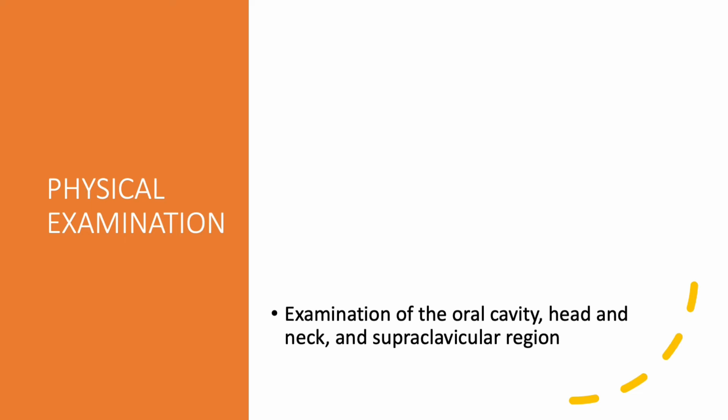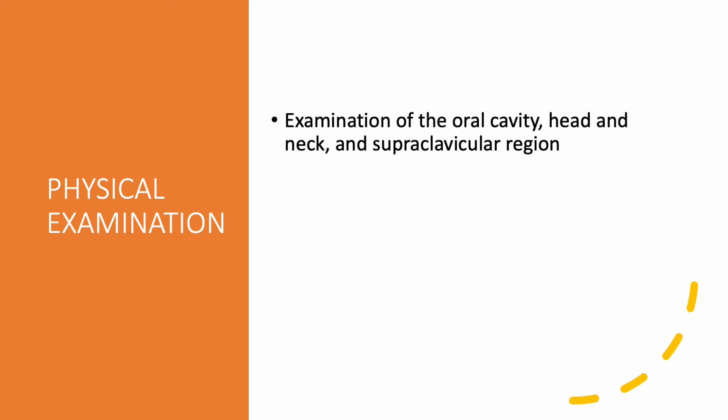The physical examination performed as part of the initial evaluation of all patients with oropharyngeal dysphagia should include examination of the oral cavity, head and neck, and supraclavicular region, as they may reveal lymphadenopathy, a mass, facial muscle weakness, poor dentition, or other abnormalities associated with dysphagia.